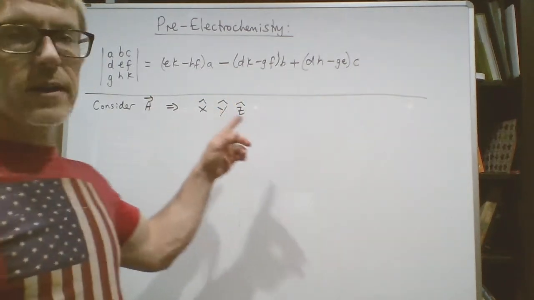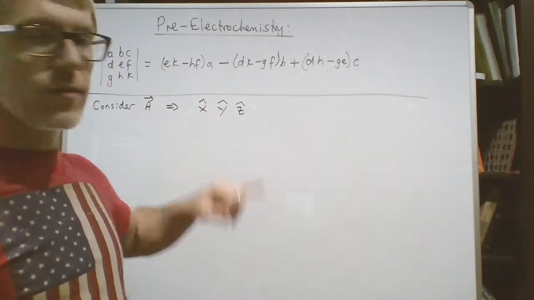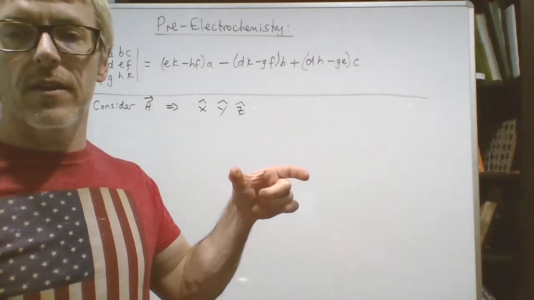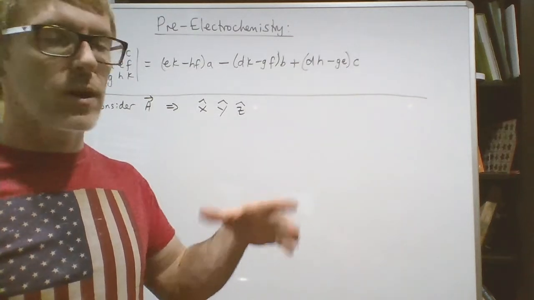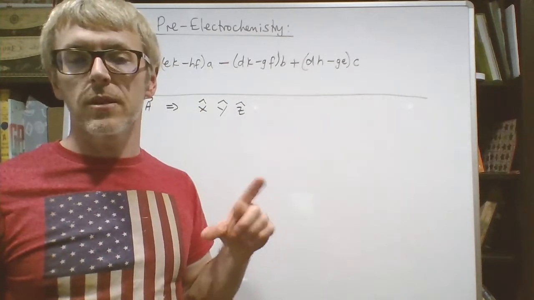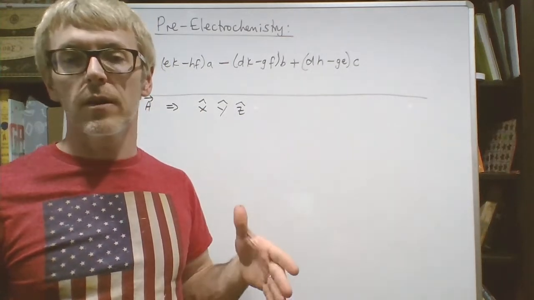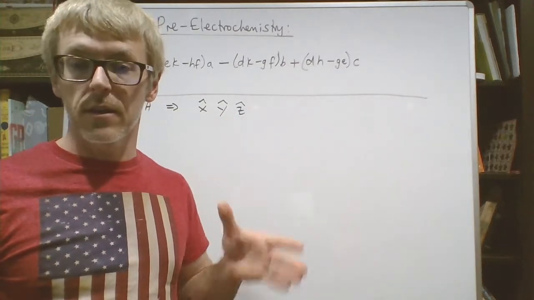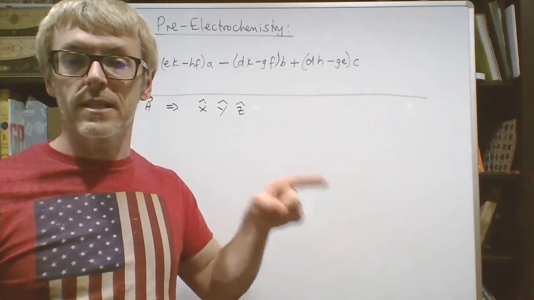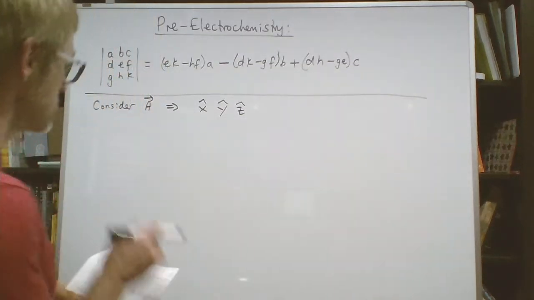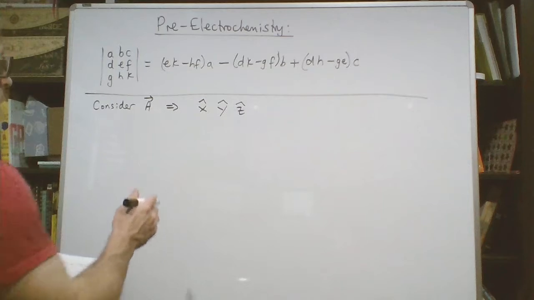These are unit vectors, so x roof is a vector that points in the x-axis of magnitude 1 in whatever unit x is in. Y is a little unit vector that points in the y-axis of magnitude 1 in whatever unit y is in. Z, you won't be shocked to learn, is a little unit vector pointing in the z-axis, magnitude 1 in whatever unit z is in. So these are my unit vectors.